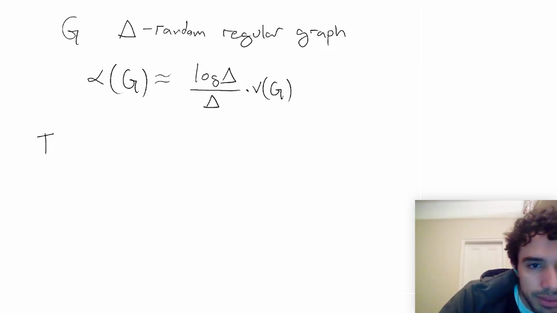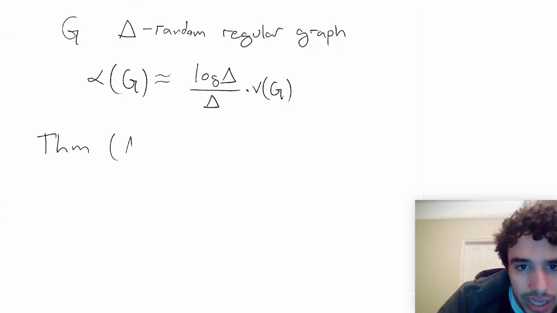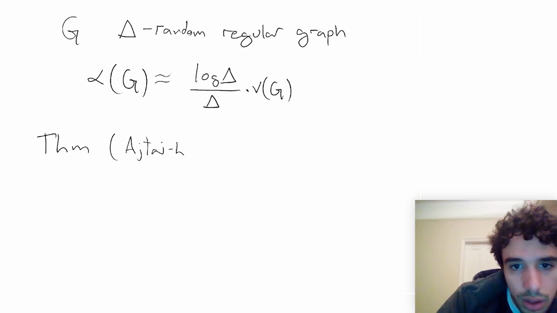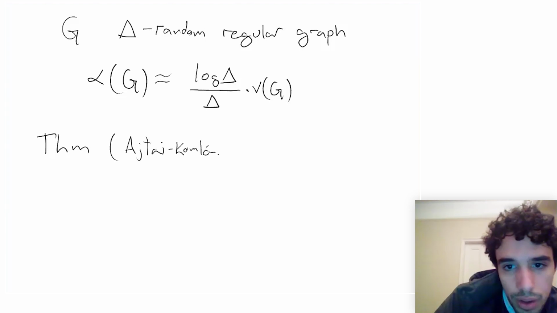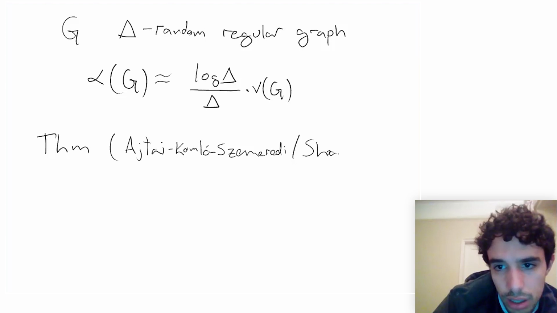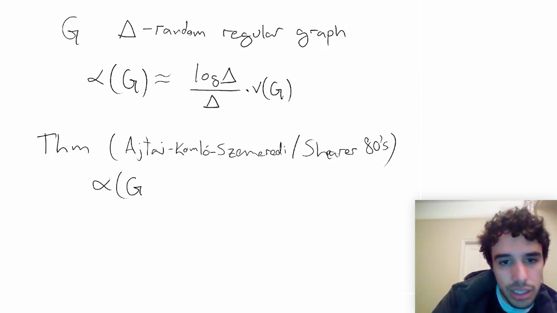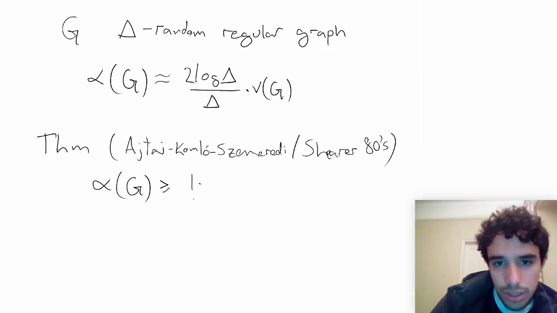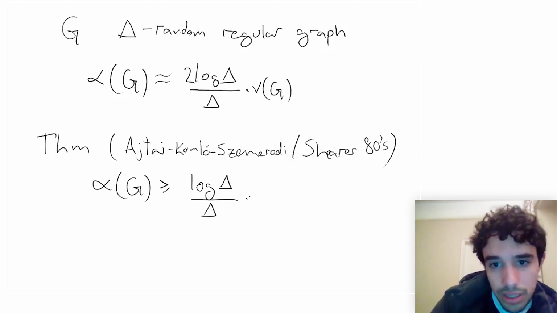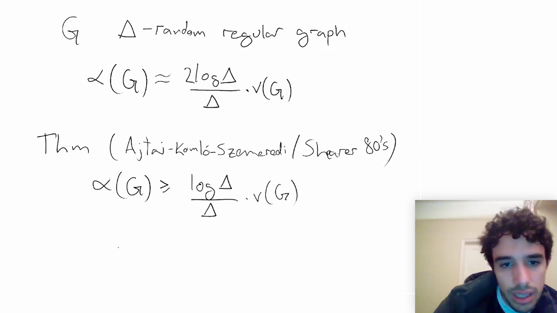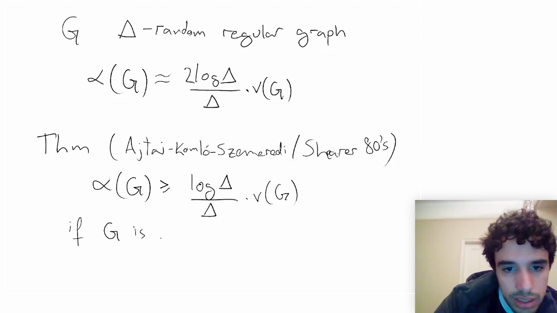Well, there's this famous theorem by Ajtai, Komlós, and Szemerédi, which was improved by Shearer in the 80s, which shows that alpha of G is at least, sorry, there's a 2 here, 2 log delta... log delta over delta without the 2, so they don't quite attain the bound from the random graph, if G is triangle free.